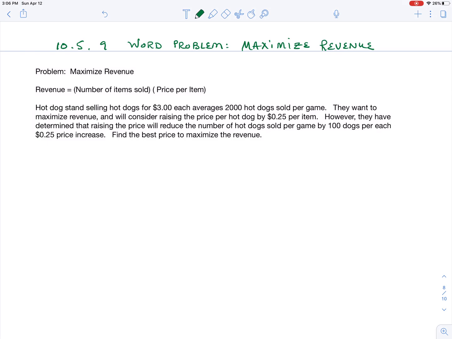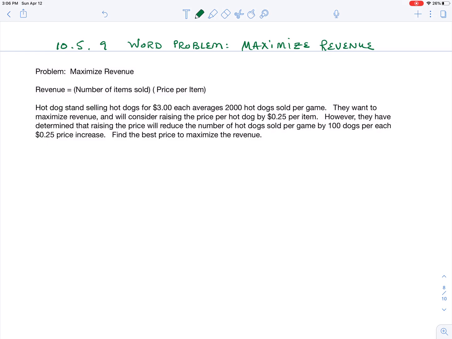This first one deals with trying to maximize revenue. So I've set up the definition for revenue here. Revenue is the number of items sold multiplied by the price per item. So here we have a hot dog stand selling hot dogs for $3 each. And they average selling 2,000 hot dogs per game when they do this.